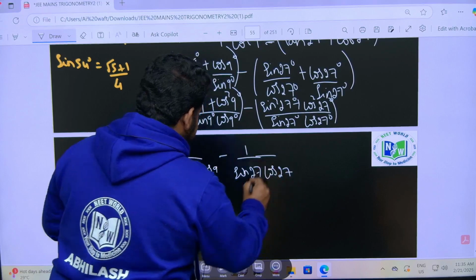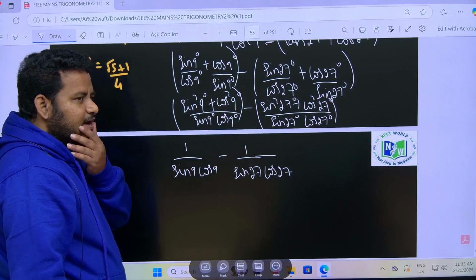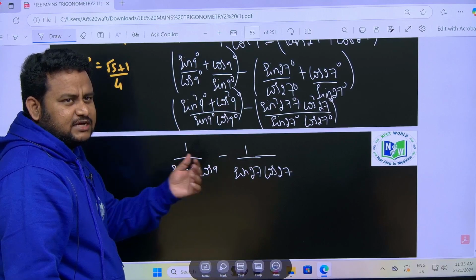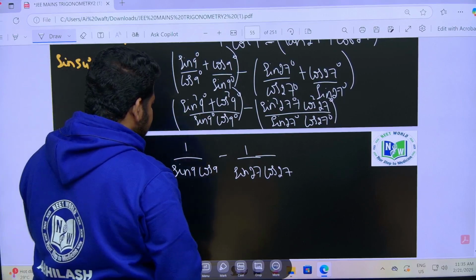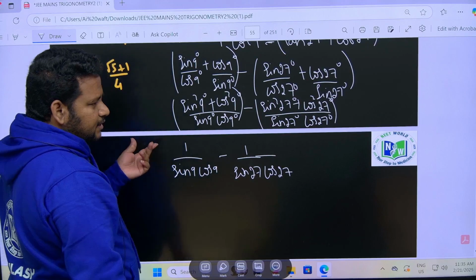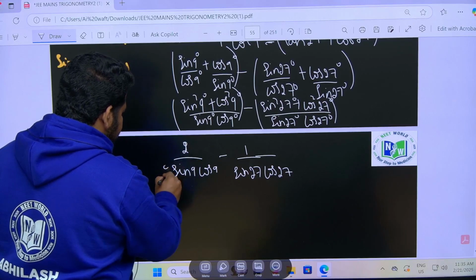What can I see here? I can see sin A cos A, sin A cos A, right? If there is a 2, meaning 2 sin A cos A, it means sin 2A. So to make it 2, I can multiply numerator and denominator by 2. I will write 2 here, and 2 here.